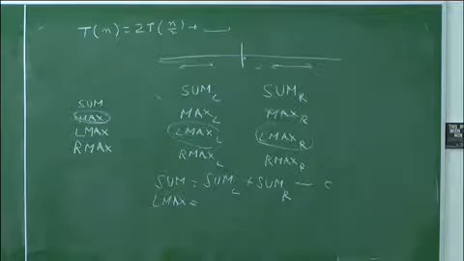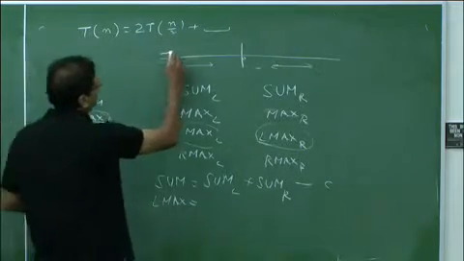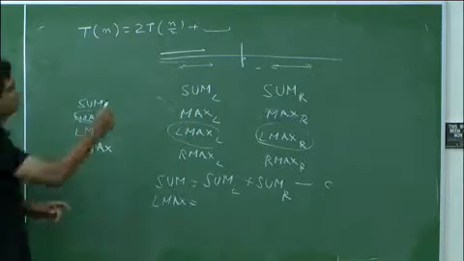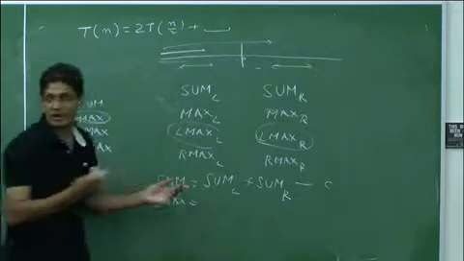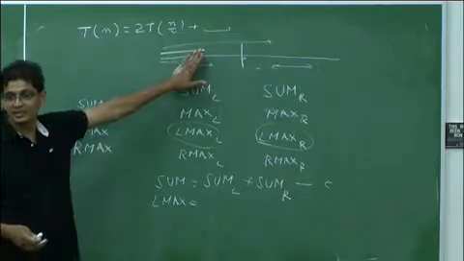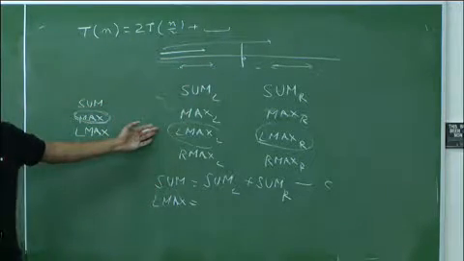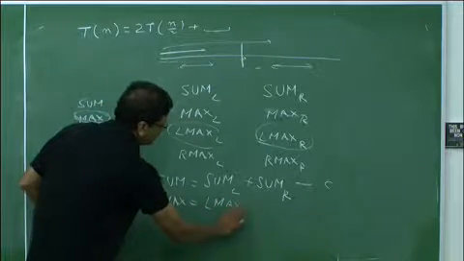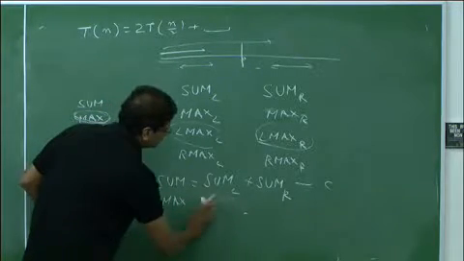That sequence which is starting here can end here, or it ends somewhere here. I do not really know beforehand which one it is. Now, if it ends on this side, then that is the same as my L max of L.